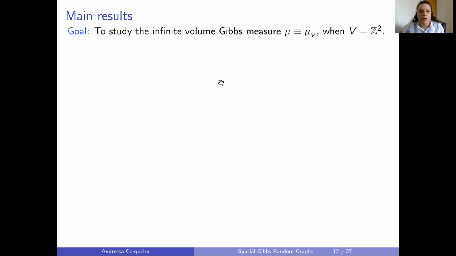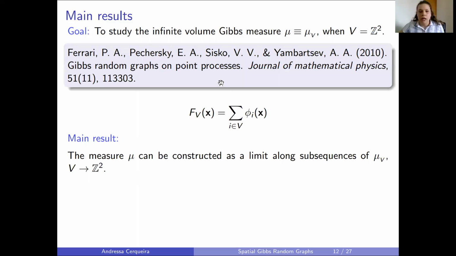Okay. So in this paper, the authors consider functions like this. Remember these functions that just consider the degree of the nodes. What they prove in this paper is that the infinite measure mu can be constructed as a limit along a finite sequence.